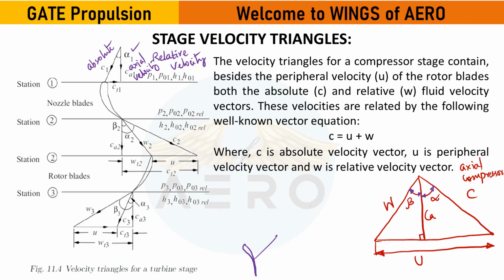So here what is happening is that alpha 2 is greater than beta 2, and beta 3 is greater than alpha 3.